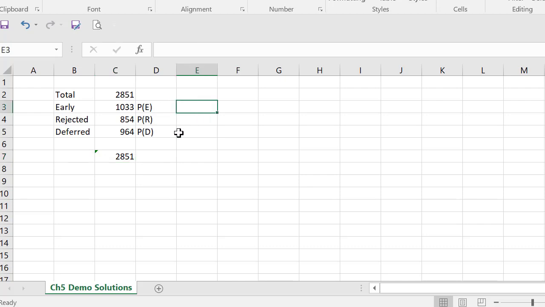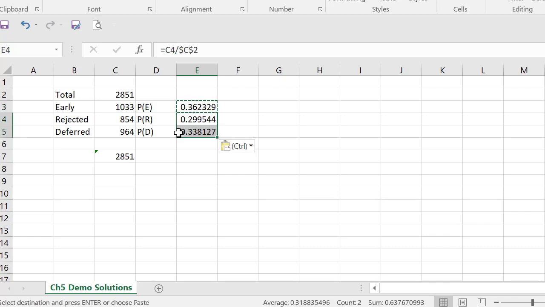So all you're going to do is say equals this divided by this, and it's going to be the same for each one. I press F4 to get the absolute reference. The answer is 0.3623 or 36.23%. Copy that down, and I get the probability of R, rejected, and then the probability of D, deferred.